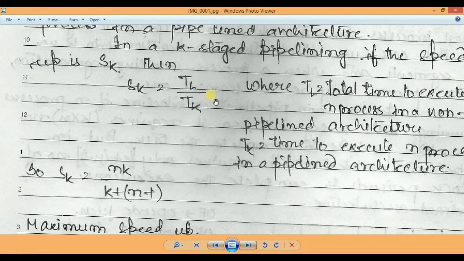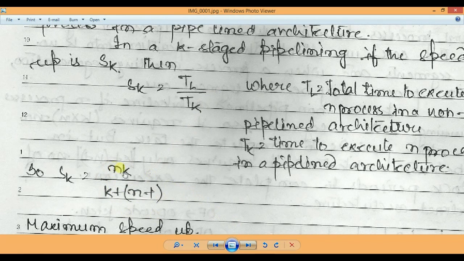This is speed up. What's the gain in speed over the initial speed that we were getting? So speed up is nk divided by k plus n plus 1.